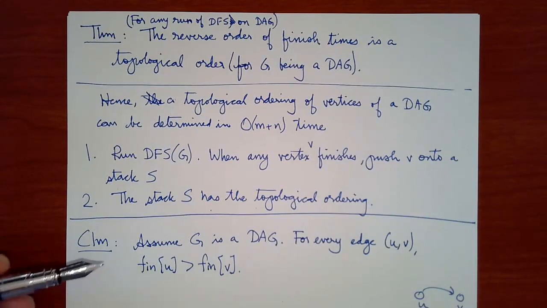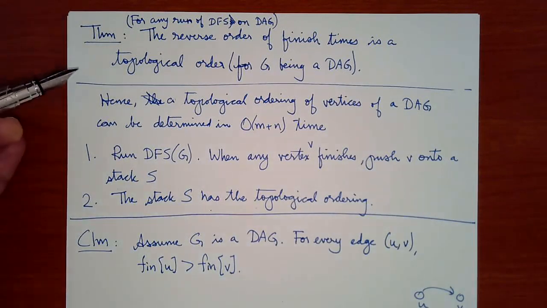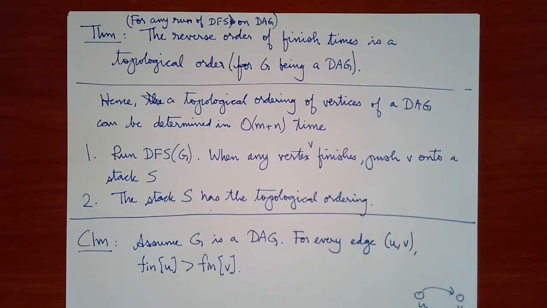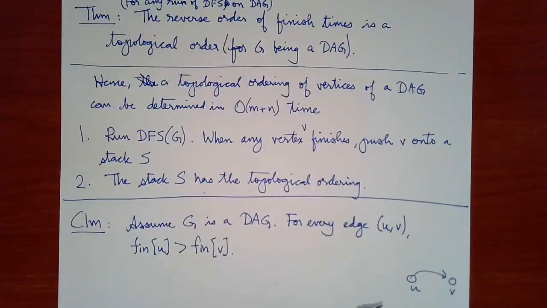So hopefully you see that if this claim is true, then you can prove the theorem. Actually, you don't even need an induction. The way I defined topological ordering, it's actually immediate. So this claim essentially implies the theorem.